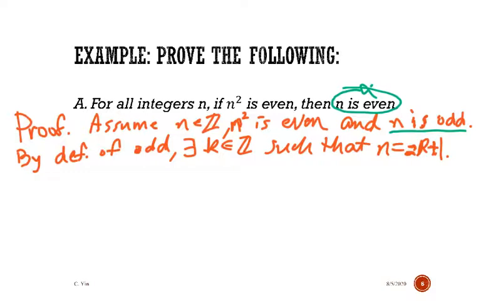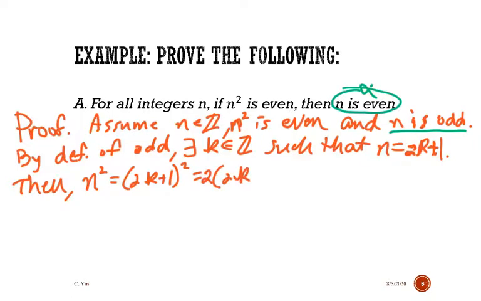And so I know that n has to be equal to that. Then this part will look very similar to what we just did. I'm going to look at what n squared happens to be. We did this a while ago, and we came out with 2 times (2k squared plus 2k) plus 1.